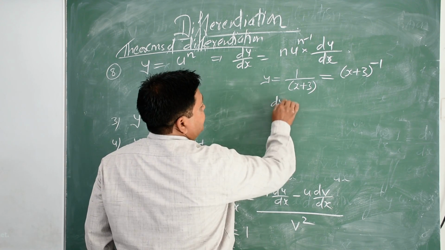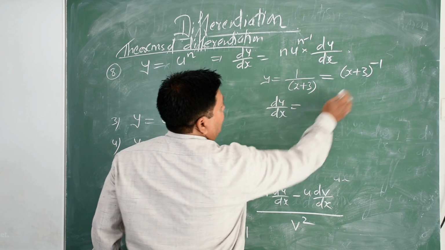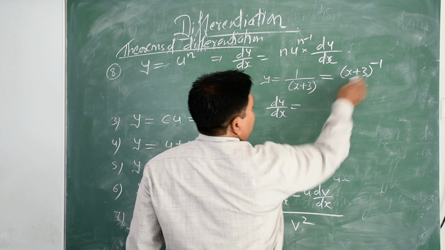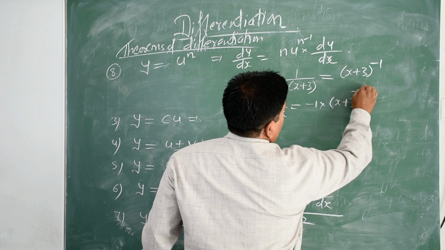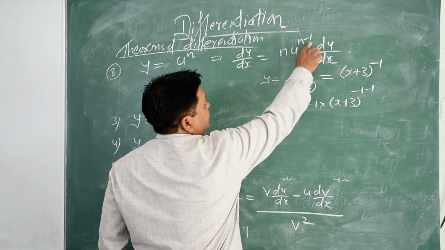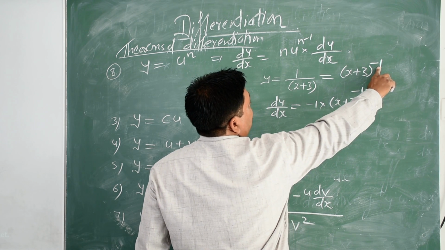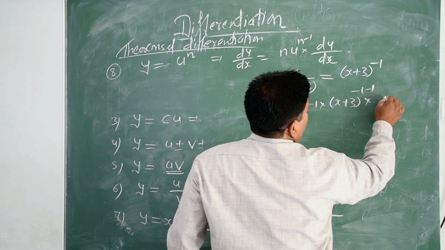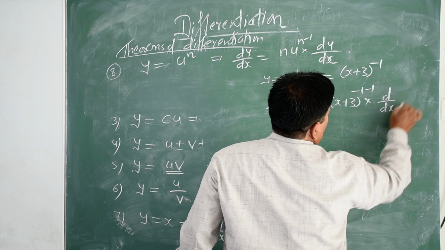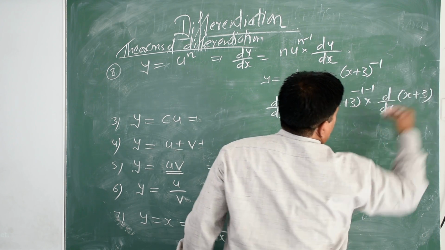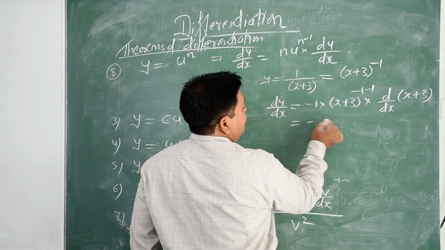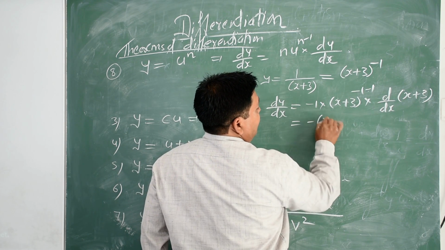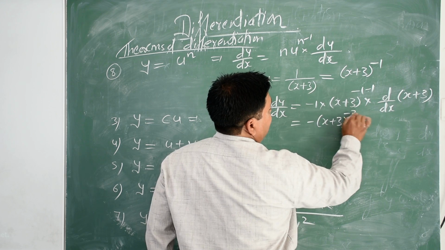So minus 1 will come, then x plus 3 to the power n minus 1, n is minus 1 already, into du by dx means d by dx of x plus 3. Now minus 1, negative sign is there, this will become x plus 3 to the whole power minus 2.